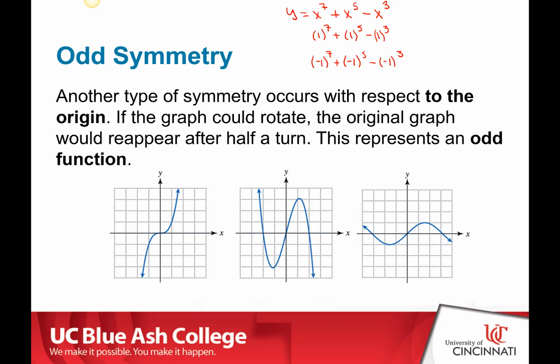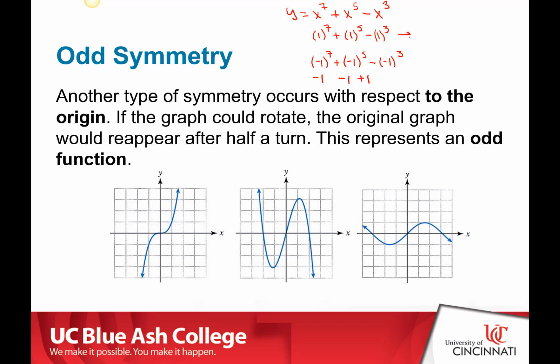The very different that we're going to get is, in the second case, negative 1 raised to the 7th power is what? It's a negative, isn't it? Okay, so this is going to give us a negative 1. Negative 1 to the 5th power is a negative. Negative 1 cubed is a negative, but we're going to subtract it, so it's going to be plus.